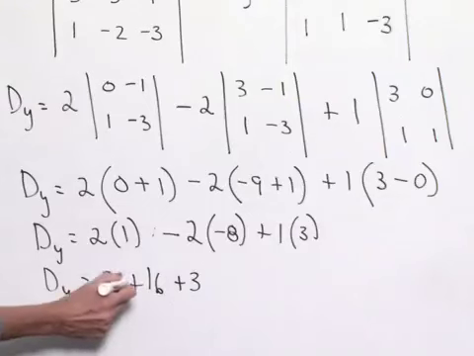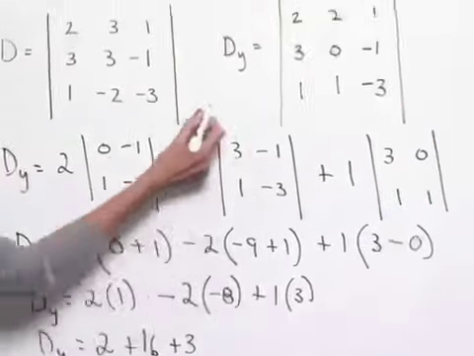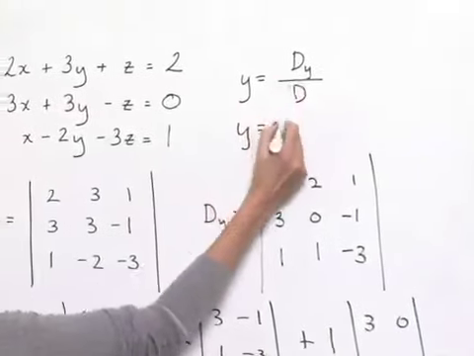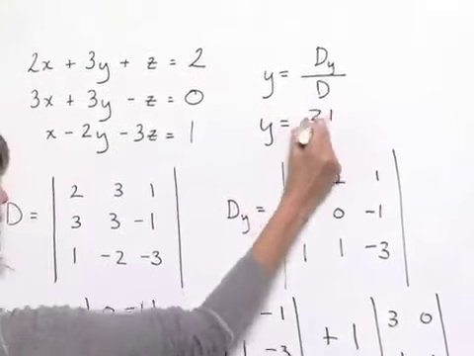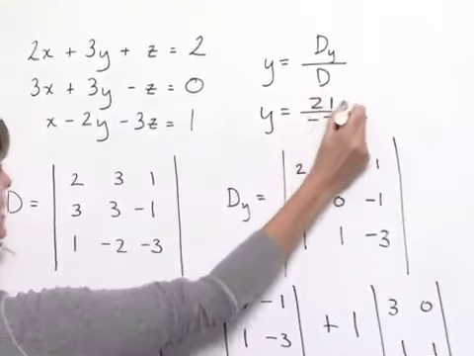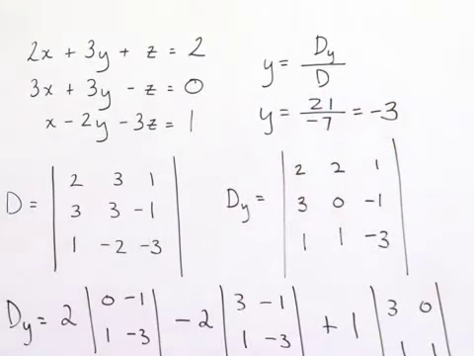And that ends up giving us 18 plus 3, which is going to be 21. Let's now take this value for d sub y and substitute back into our equation. Here we have y equals the value of d sub y, which is 21, divided by the previous value of d that we found, which was negative 7, to give us the value of y equals negative 3.